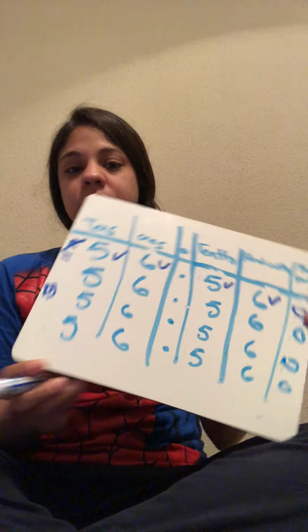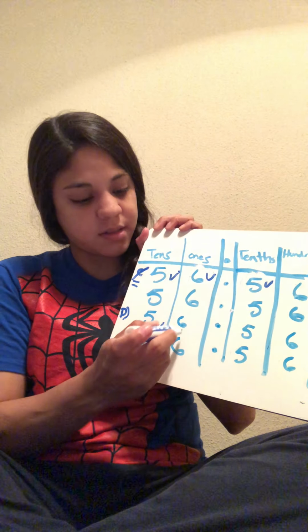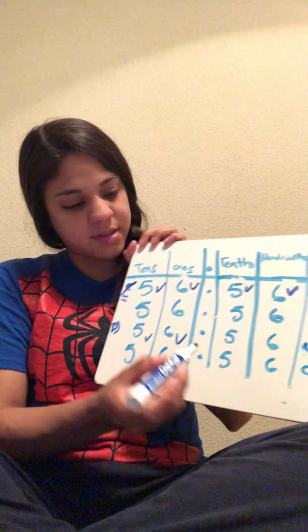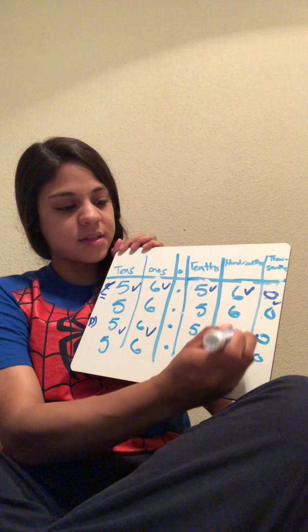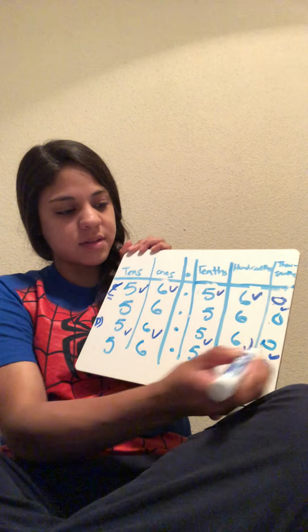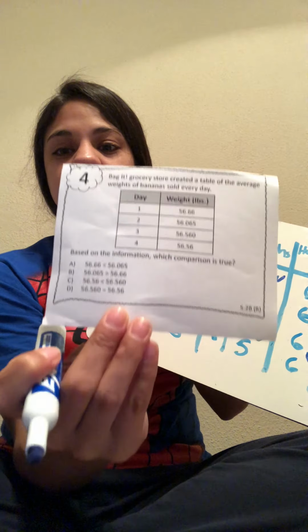All right, so I have 2 5s right here. They're the same. 2 6s for the ones, so they're the same. 5s for tenths, they're the same. 6s for hundredths, they're the same. And 0s for thousandths, they're the same. These are equal. Does my answer choice reflect that? Yes, it does. So my answer is D.